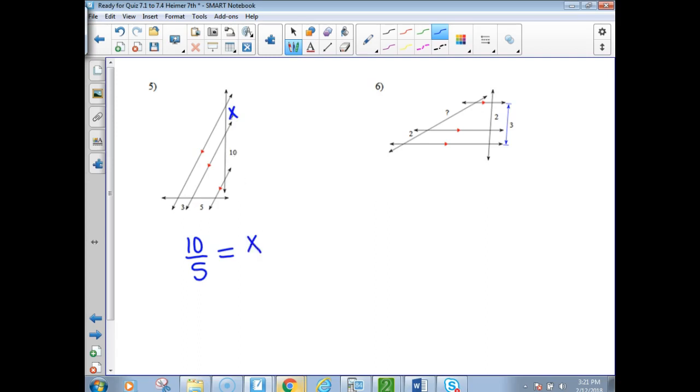You did write x over 3? Okay, great. I'm so glad, because you started at the top, you got to start at the top on the second fraction too. All right, so 10 over 5, x over 3. Great. You cannot flip that over. All right. So as long as you've got that, you have 5x equals 30. What did you get for x? Yes. Okay, great.